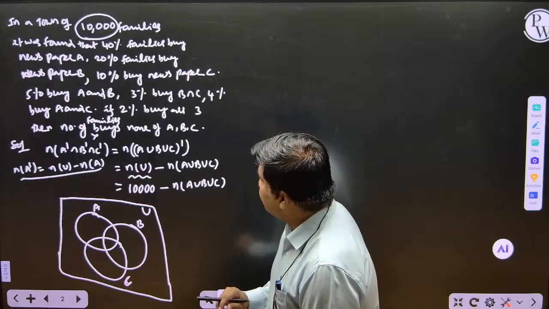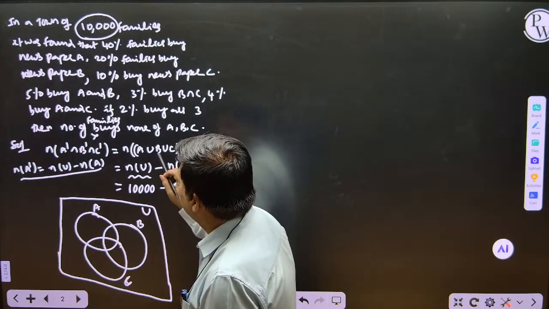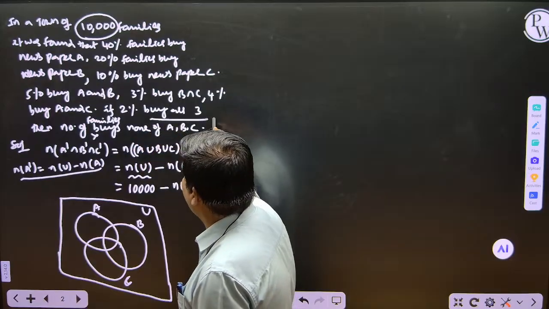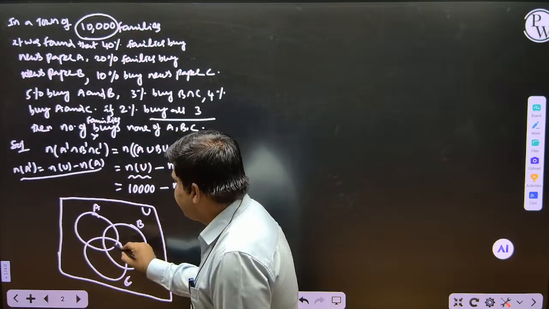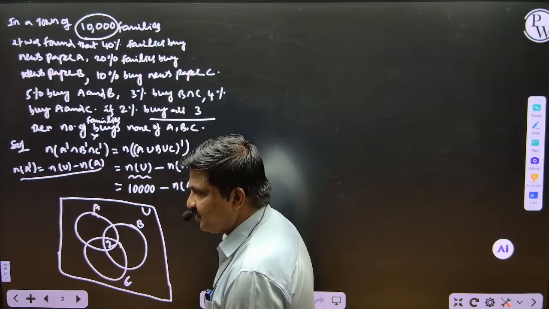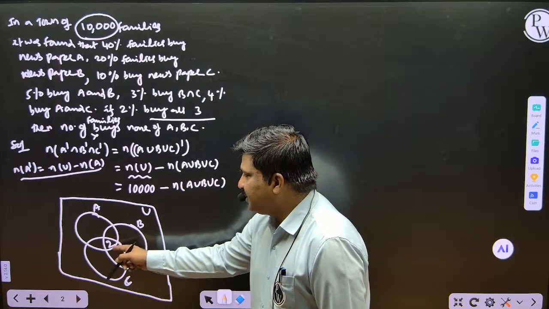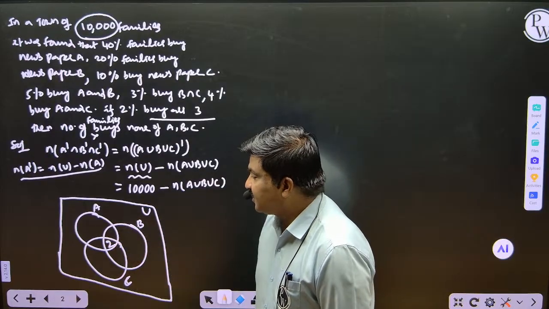First proceed with all three: 2% buy all three. So this common intersection part is the intersection of all three sets.